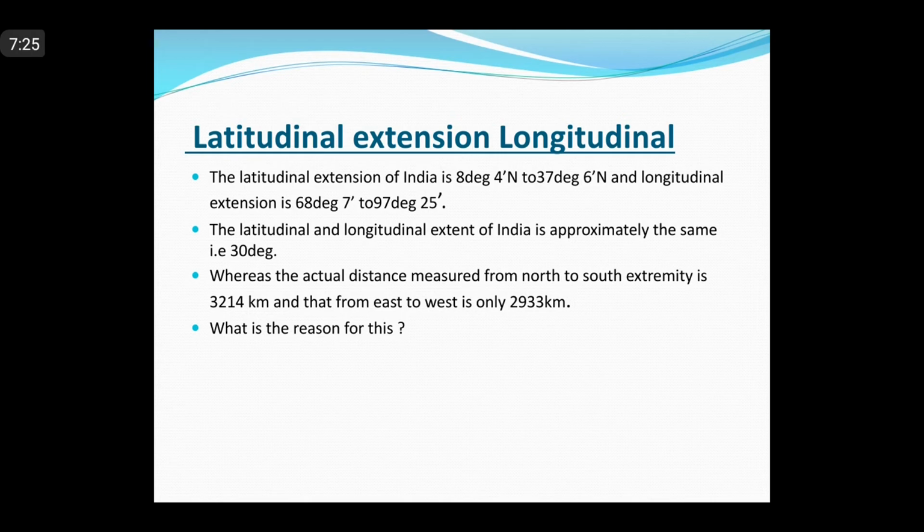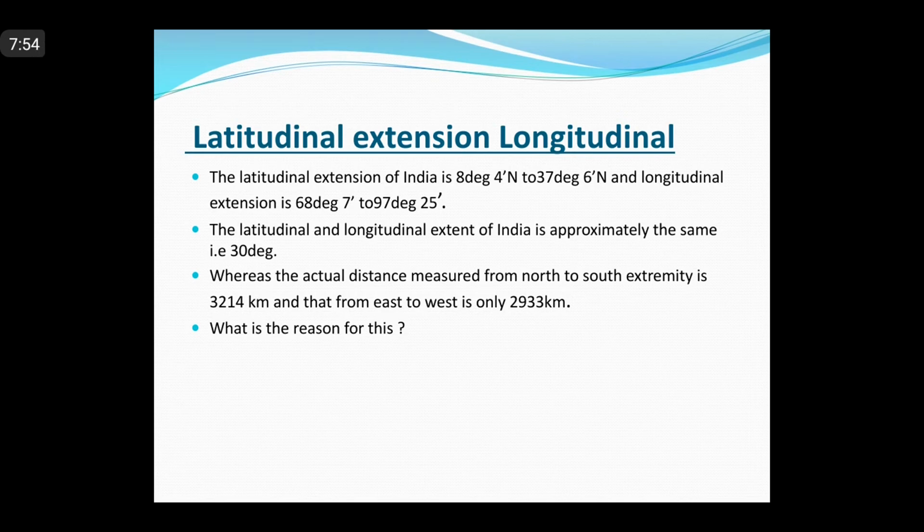So the difference of one longitude will make a difference of 24 into 60 divided by 360, and that will give you 4 minutes. So it means that the earth takes 4 minutes to cross 1 degree of longitude. Hence, the difference in the local time between Saurashtra and Arunachal Pradesh is about 2 hours.